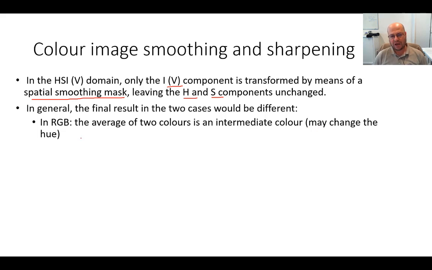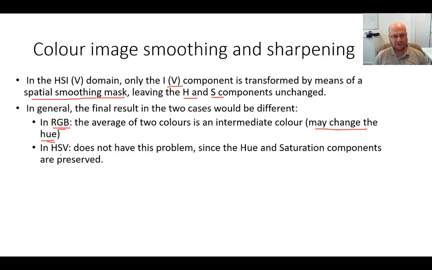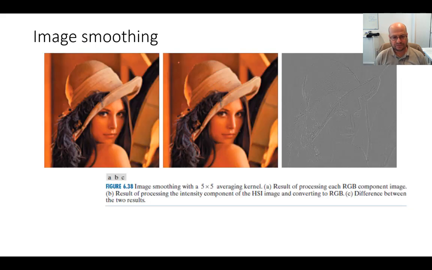So if you apply smoothing on the 3 RGB components, you may be changing, depending on the intensities that you have, the hue of your color. Whereas if you are dealing with the HSV space, the hue and saturation components are preserved, and just the intensity, or the value, depending on which space you are dealing with, is smoothed. That's a funny word, smoothed.